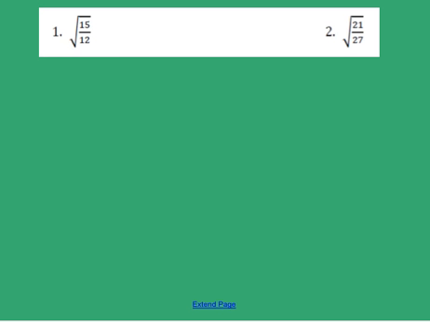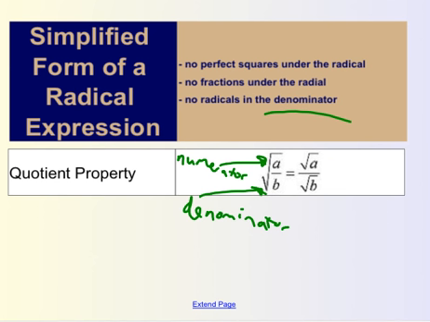So what we're looking at is this right here. 15 and 12. So what I would look at is 3. Both of those are divisible by 3. So I'd have square root 5 over square root 4. Notice the other thing I did is something that this picture legitimately told you could do.